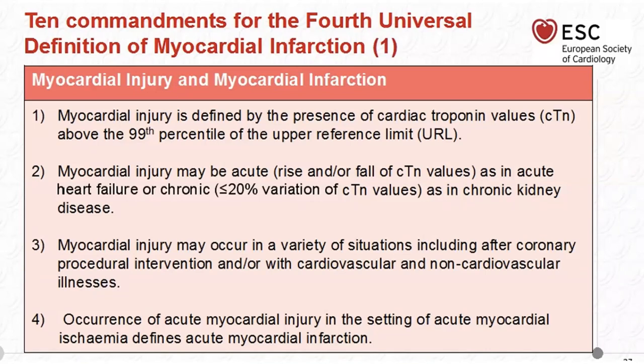Myocardial injury may occur in a variety of situations, like we mentioned, post-procedural and other cardiovascular diseases, or even non-cardiovascular injuries or illnesses. And the occurrence of an acute myocardial injury in the setting of acute myocardial ischemia defines an acute myocardial infarction.